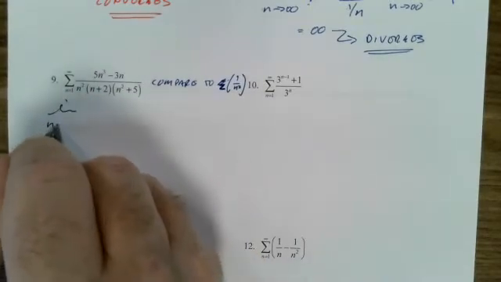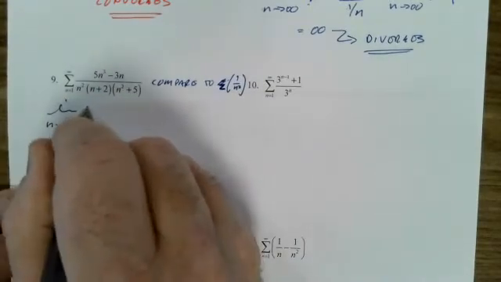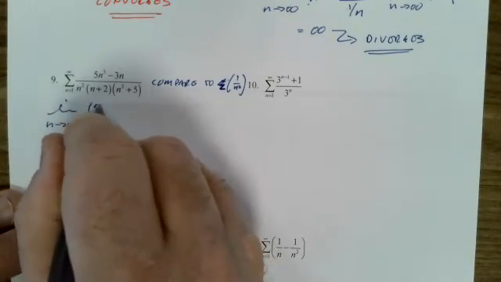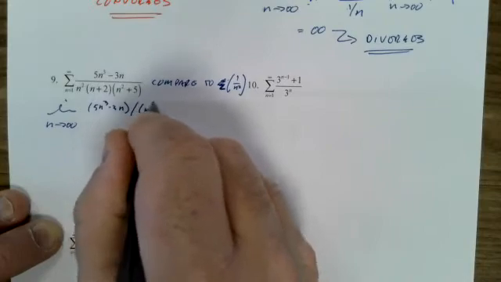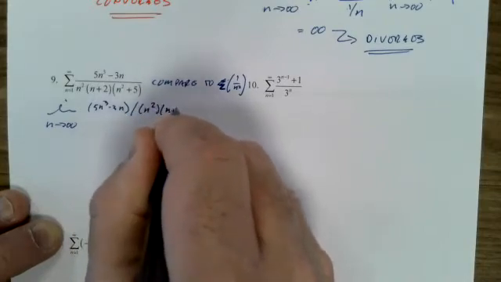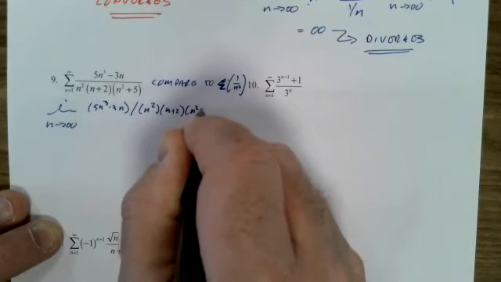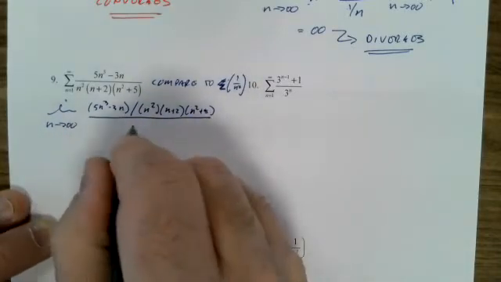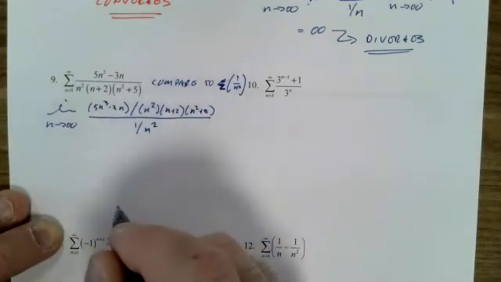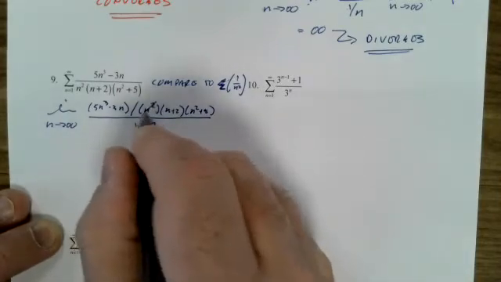Limit as n approaches infinity of (5n to the third minus 3n) over (n squared times (n plus 2) times (n squared plus 5)) over 1 over n squared. Okay, by the way, these cancel.